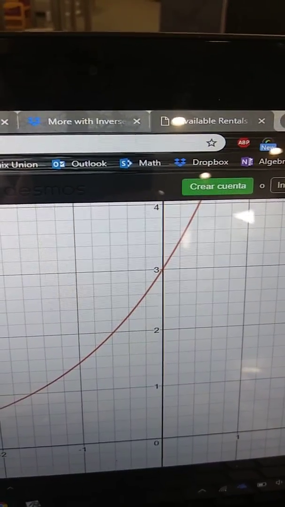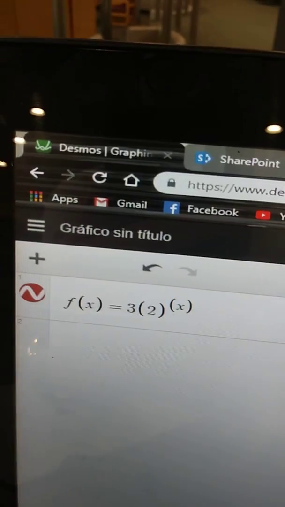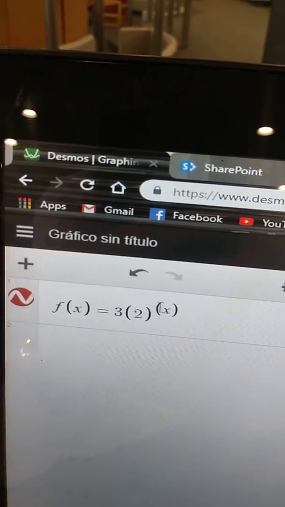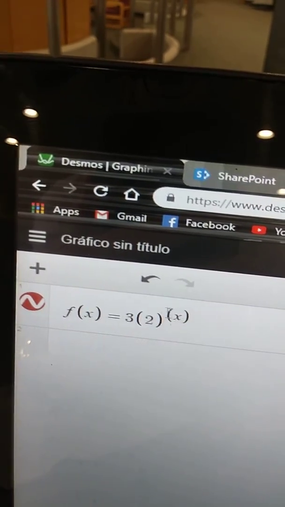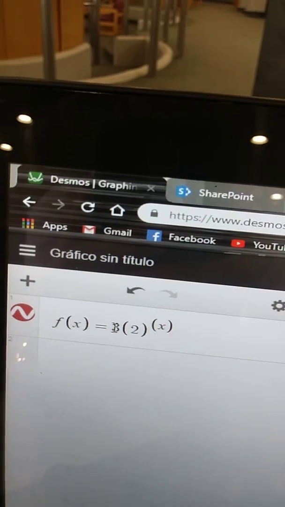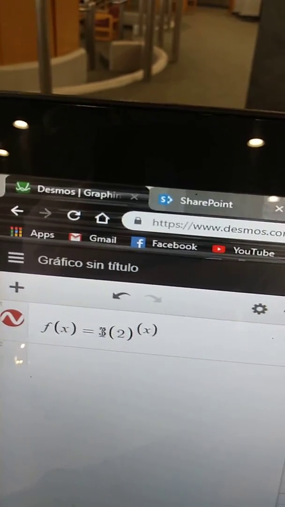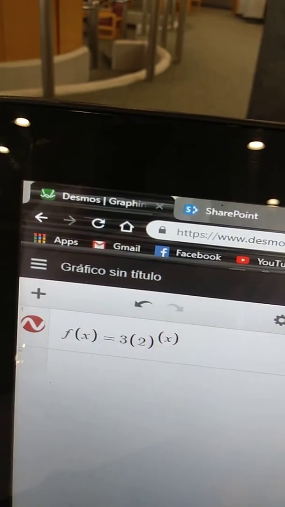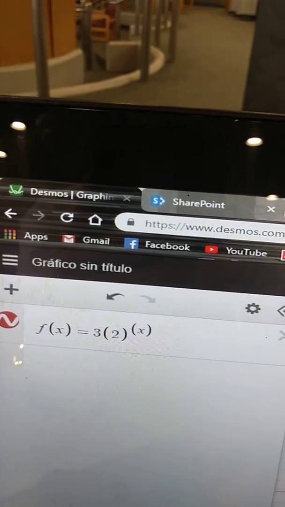So let's see. There it is. The y-intercept is 3. So you should be looking at this first. Check if there's anything being multiplied to something like this, and if there is, you know where your y-intercept is. But be careful, because the y-intercept may be shifted, and that'll create an extra shift.